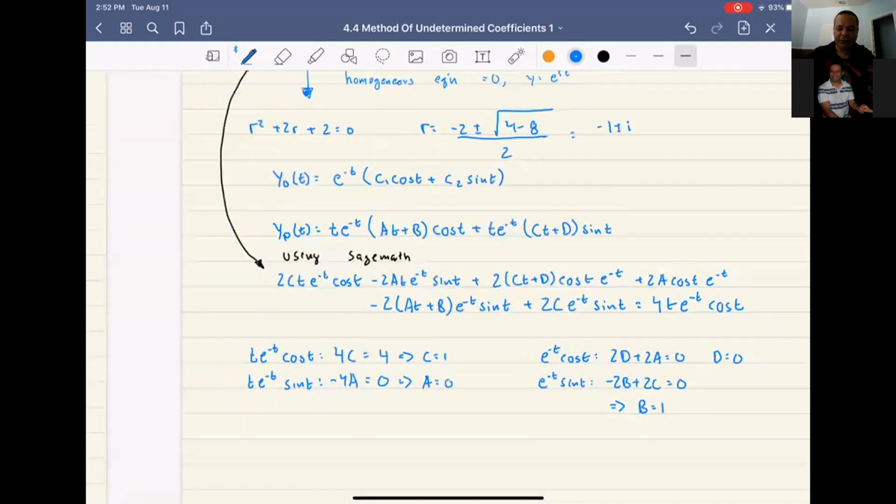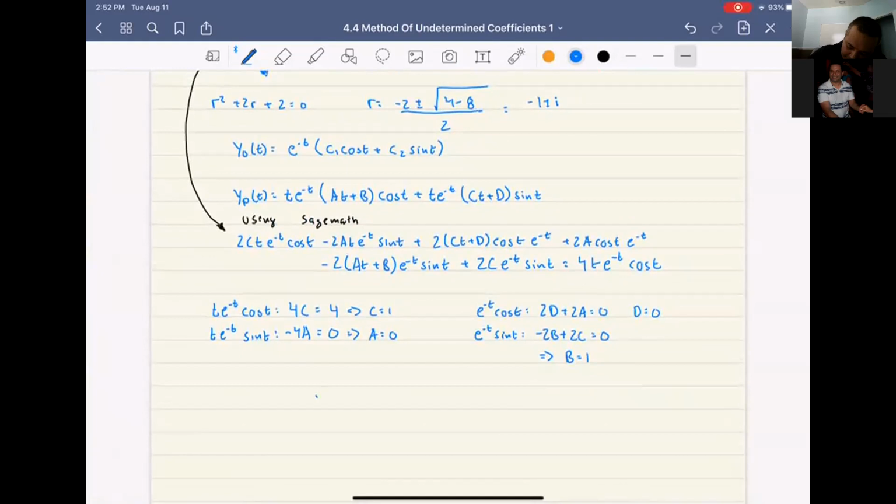So our total solution is going to be y of t equals e to the negative t (c1 cosine t plus c2 sine t) plus our particular solution.